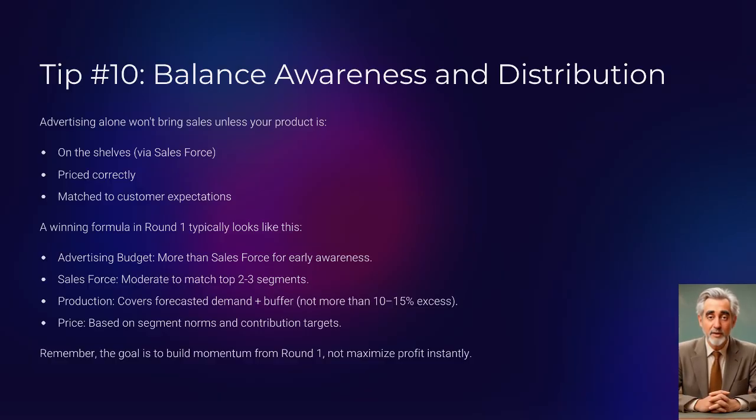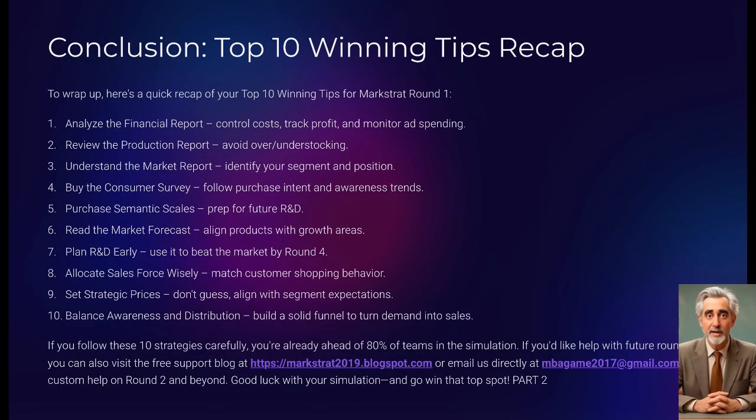Conclusion. To wrap up, here's a quick recap of your top 10 winning tips for Markstrat Round 1. 1. Analyze the financial report, control costs, track profit, and monitor ad spending. 2. Review the production report, avoid over/understocking. 3. Understand the market report, identify your segment and position. 4.